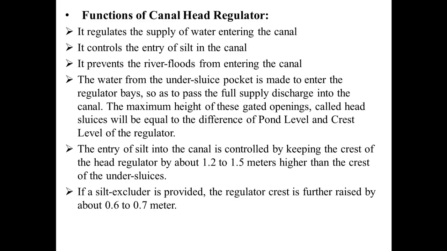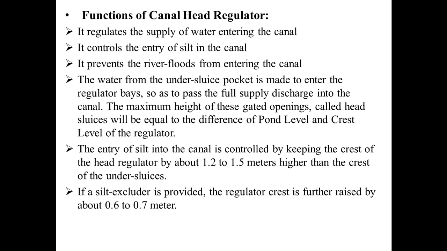Here are the main functions of the canal head regulator. Number 1, it regulates the supply of water entering the canal, meaning the quantity of water entering the canal is regulated through the canal head regulator.